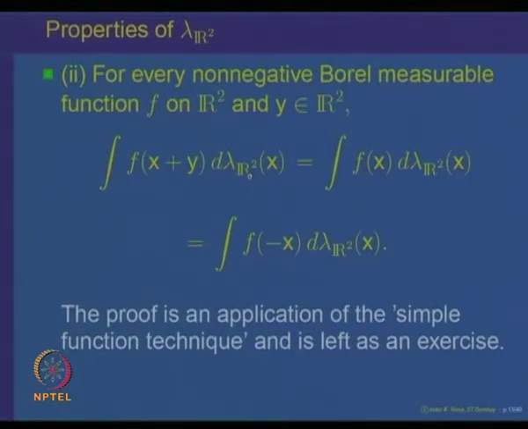So, if you replace the Lebesgue measure on R 2 by any translation invariant measure, then this result, that the integral of f of x plus y is equal to the integral of f of x, will remain true. So, this is an observation we should keep in mind.